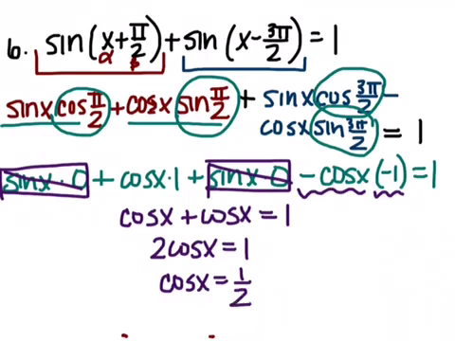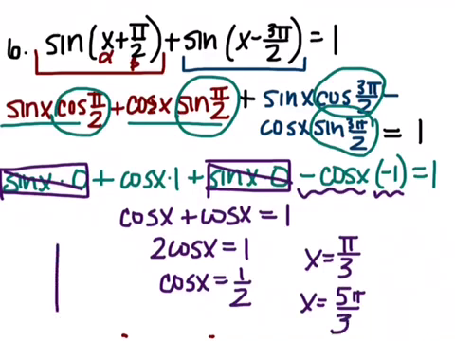Now, where does that happen? Well, cosine is 1/2 on our unit circle, between 0 and 2 pi, at pi over 3 and at 5 pi over 3. Now, let's decide if we need 2 pi k or pi k. So I'm going to draw my little diagram. Pi over 3 lives in the first quadrant.